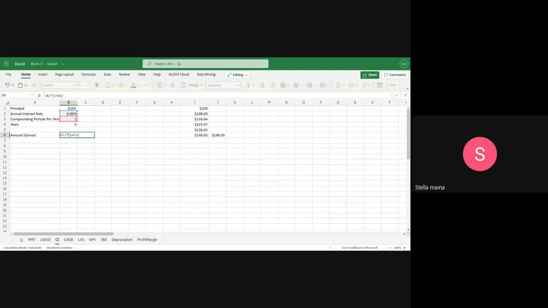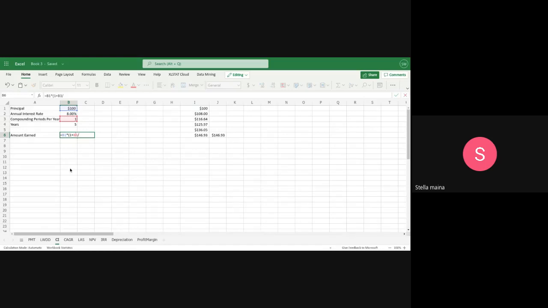No, this should be B1, the principal, multiplied by 1 plus the annual interest rate over the compounding period per year.